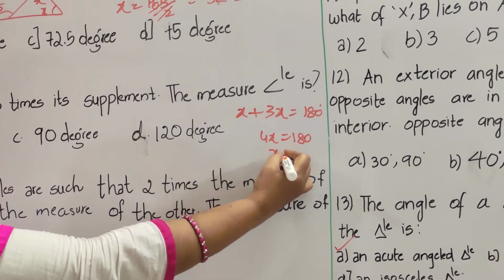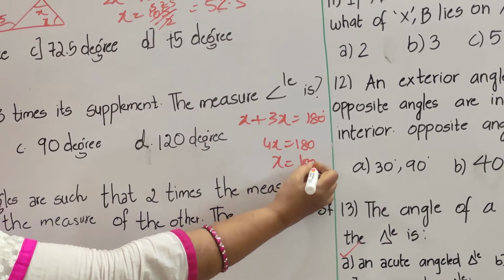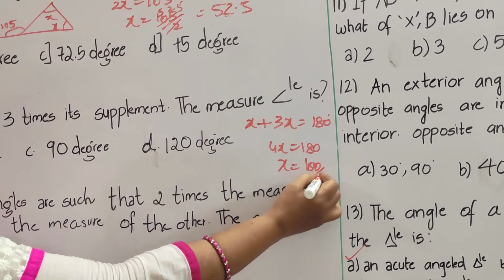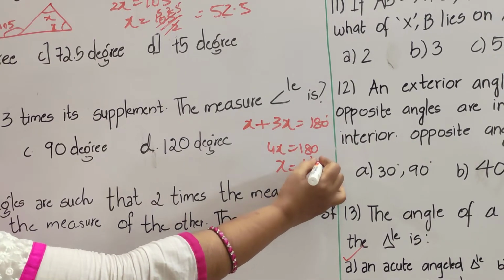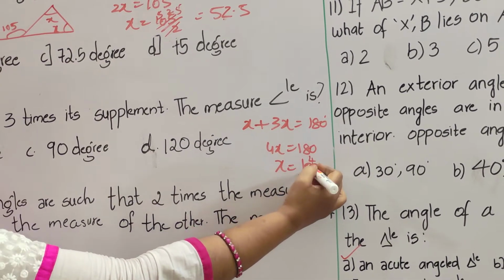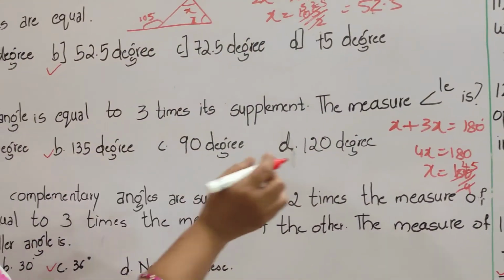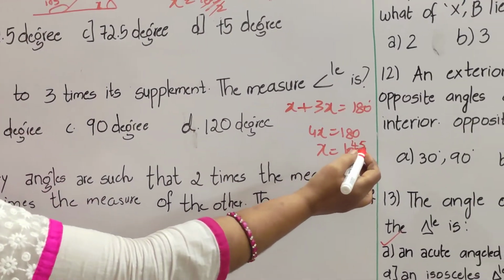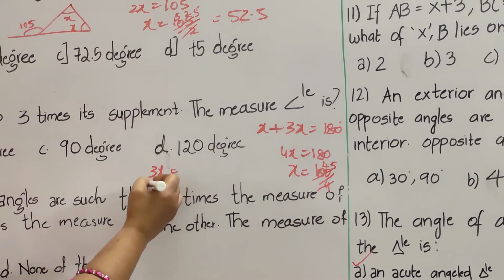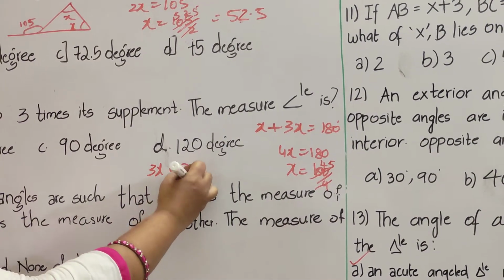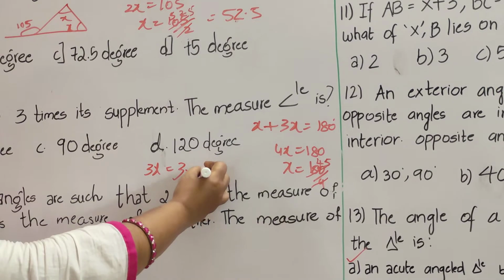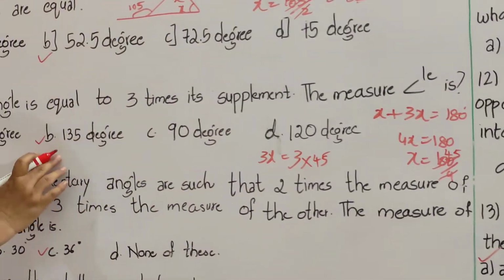So x is equal to 180 by 4, which is 45 degree. Then 3x is equal to 3 into 45, that is nothing but 135 degree.